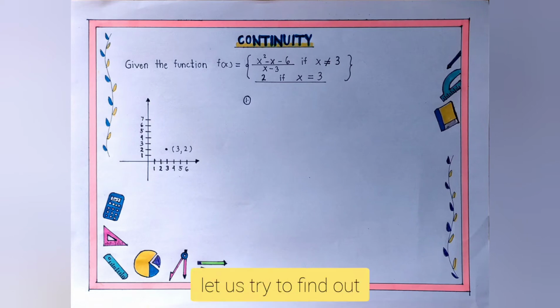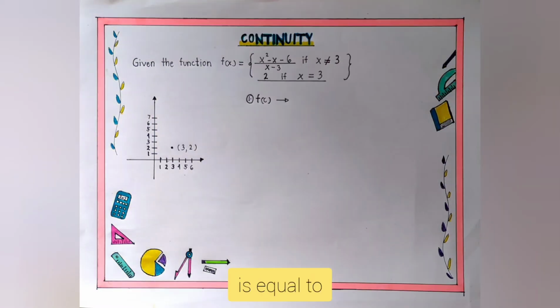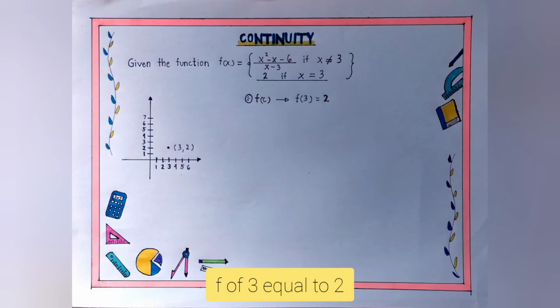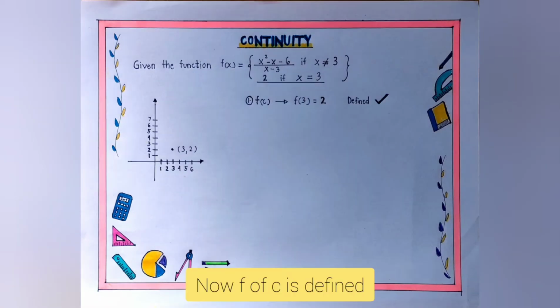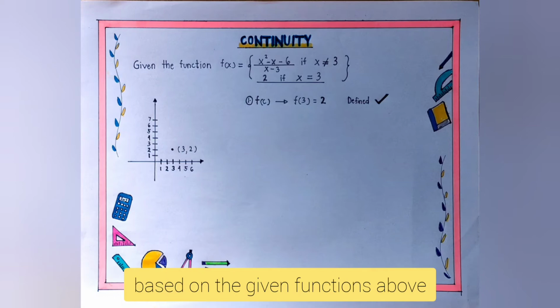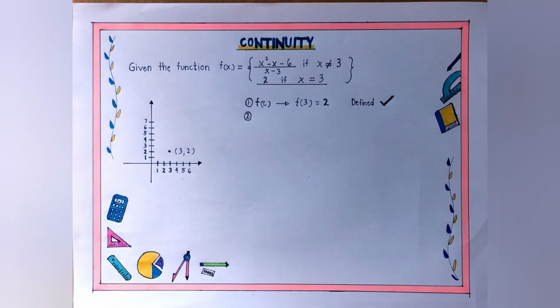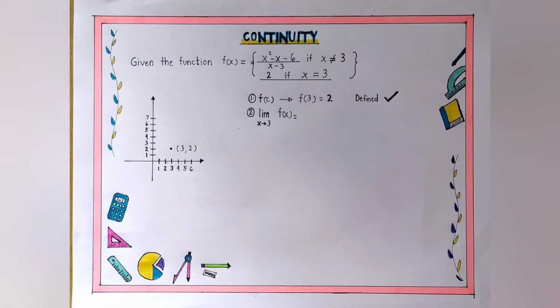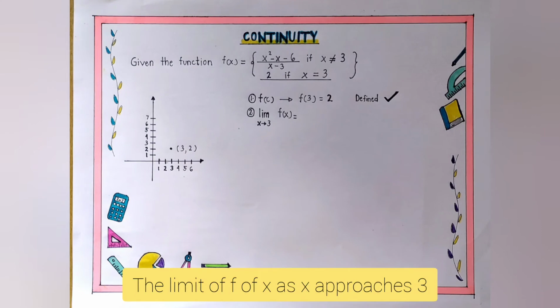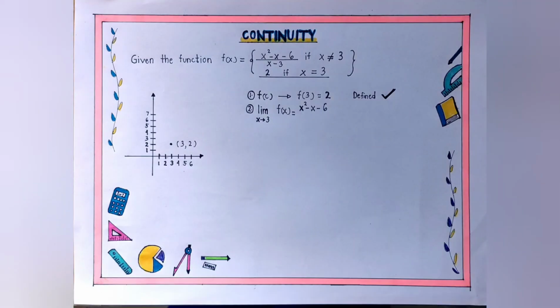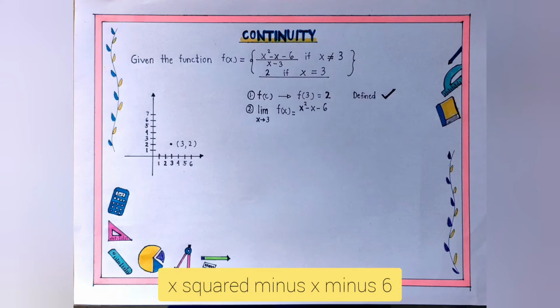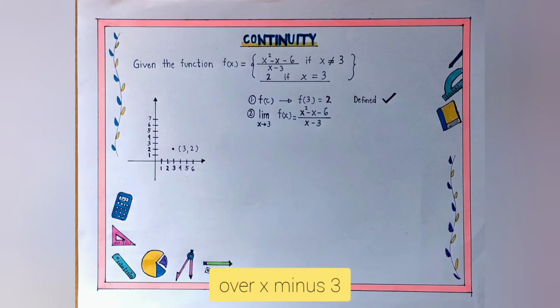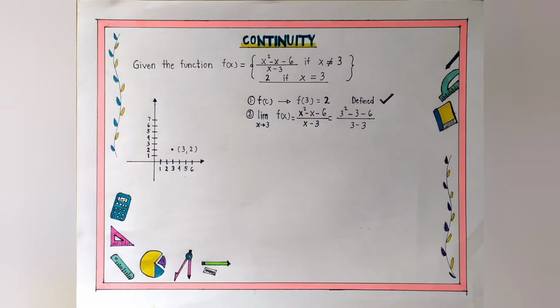Now, let us try to find out if the given function is continuous or discontinuous. Number 1, f of c is equal to f of 3 equal to 2. Now, f of c is defined based on the given function above. Number 2 condition, the limit of f of x as x approaches 3 is equal to x squared minus x minus 6 over x minus 3.